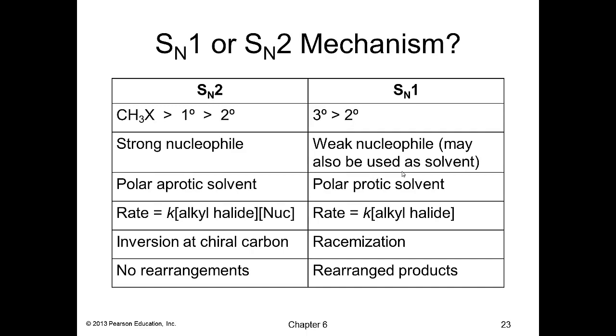The most important thing for our syllabus would be this, and this. Okay, racemization just means that there are two products. Okay, inversion at chiral carbon means there's only one product. That's all for the summary, and I will see you for tutorial next week.